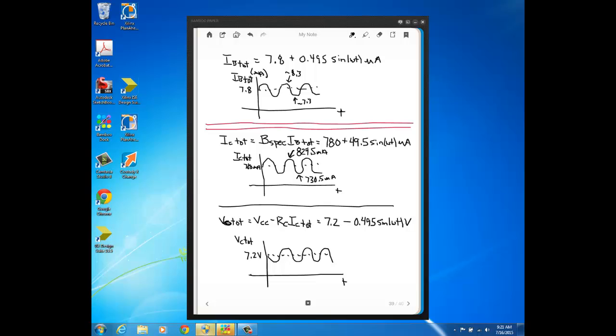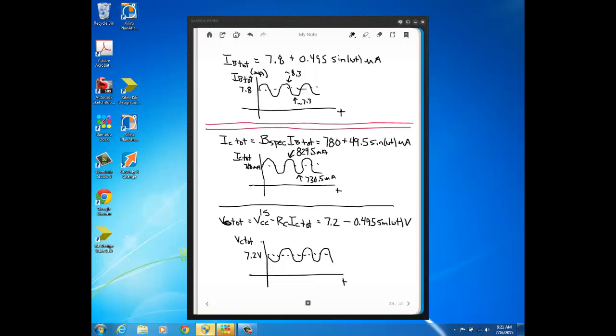Oh, no, I'm sorry, this is right. I'm just showing what this comes out to. If you take VCC of 15 and subtract, putting in RC of 10K and plugging in this expression for IC total and working it all out, it comes out to what you see here: the Q value of V out, the 7.2 that we had before, minus this sinusoidal term.